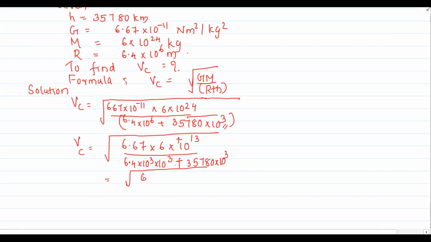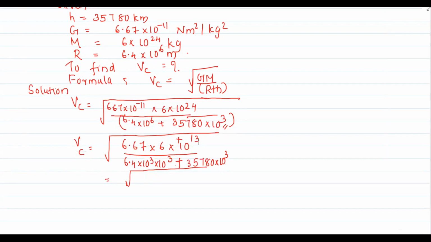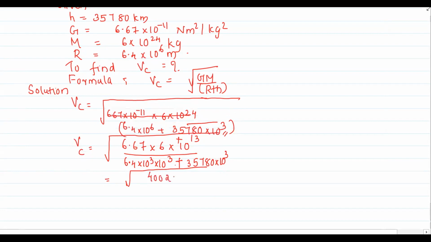Here we can adjust the decimal, and when we multiply, we will get 400,200 into 10 raised to 6 upon the denominator. On addition, we will get 42,180.